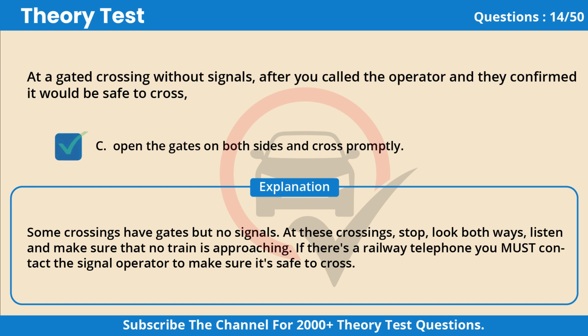Some crossings have gates but no signals. At these crossings, stop, look both ways, listen and make sure that no train is approaching. If there's a railway telephone, you must contact the signal operator to make sure it's safe to cross.